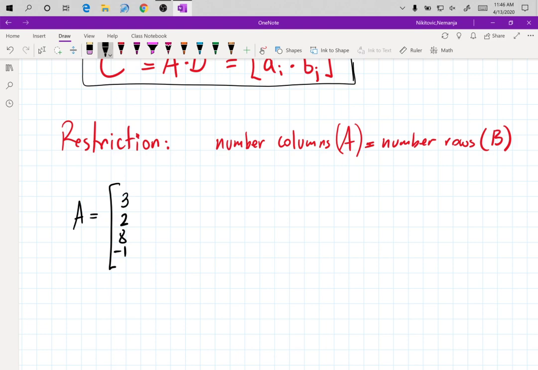And then let's say you have 6, -3, 4, and another 6, whatever. There we go. So that's A.